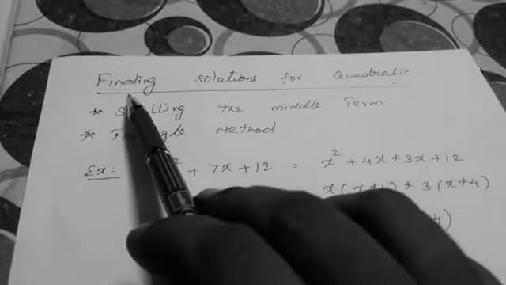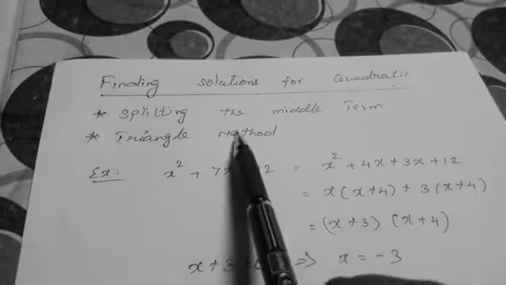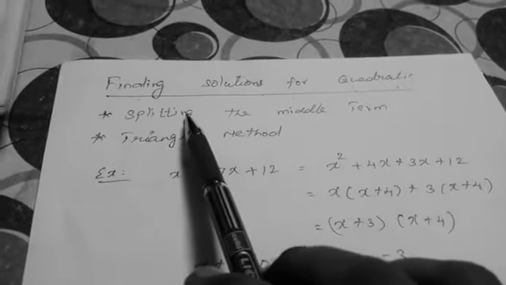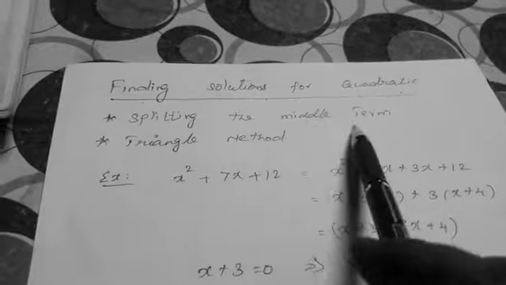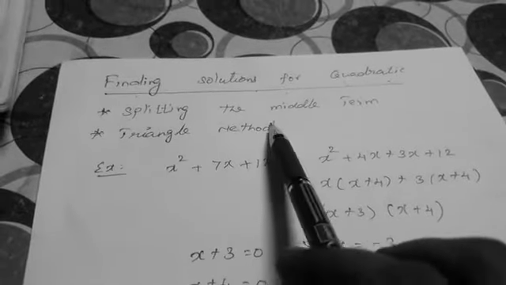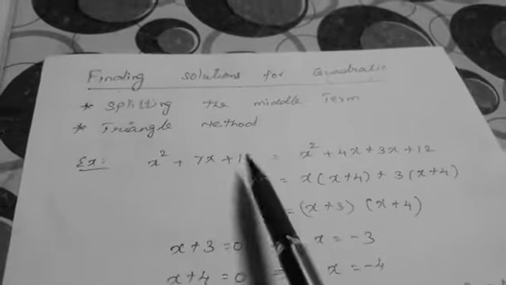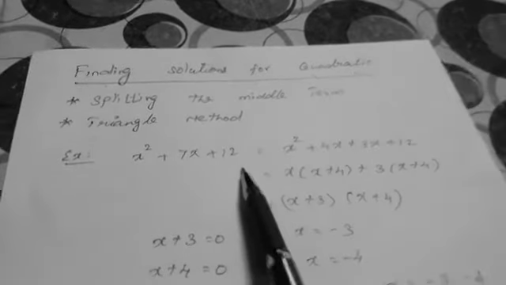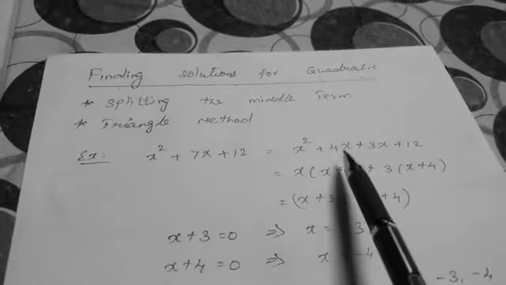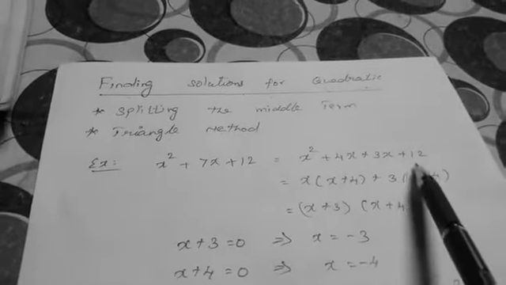Now let us see how we are going to find a solution for a quadratic polynomial. This method we already studied in 9th standard. Either we can call this splitting the middle term or else the triangle method. In splitting the middle term, 7x is the middle term and 12 is the constant term. So 7x can be written as 4x plus 3x, plus 12.